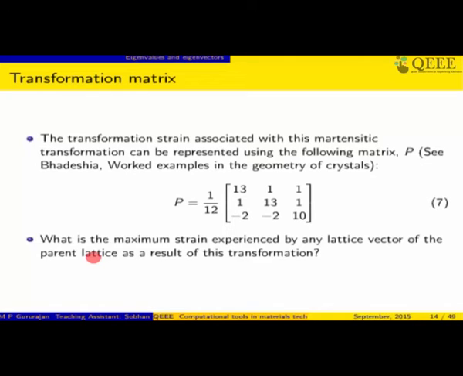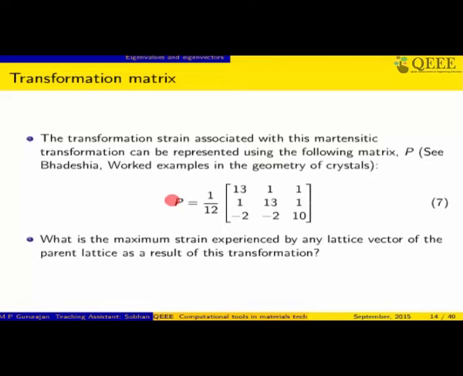Suppose the question is asked; this is why we derived the identity. We know that P can be split into R and E, and P transpose P is equal to E squared. If you can make the E matrix, the square of that matrix, and find the eigenvalues and eigenvectors, that is going to help us solve this problem.